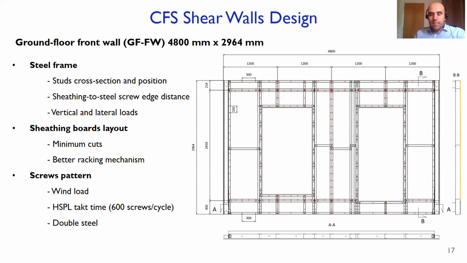Having said that, a set of walls have been designed in terms of steel frame, sheathing board layout, and screw patterns. So here we consider the design in terms of stud cross sections and position, as well as the edge distance, by considering a wider flange of the studs, and also vertical and lateral loads.